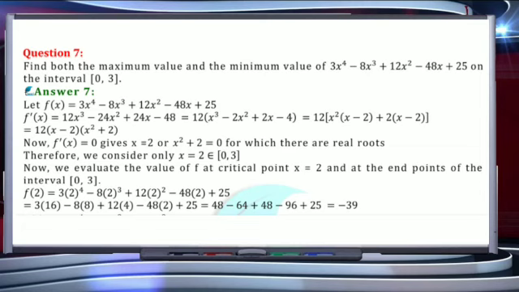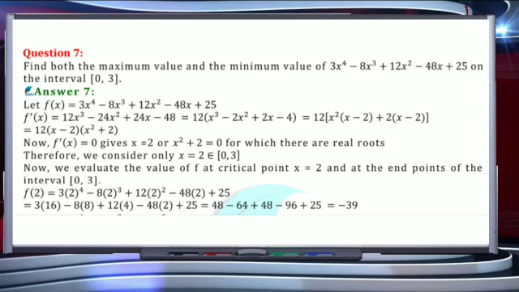When we substitute both factors equal to 0 to find the critical points, one factor gives x equal to 2, whereas from the other factor we get x^2 equal to minus 2, which is not a real root. So we are not going to consider these points. Only x equal to 2 is a critical point, which also belongs to our closed interval.